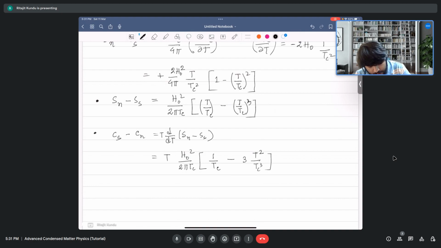There is an additional T, which we will pull inside the square bracket. So it becomes H naught square by 2 pi Tc times [T by Tc minus 3 (T by Tc) whole cube].